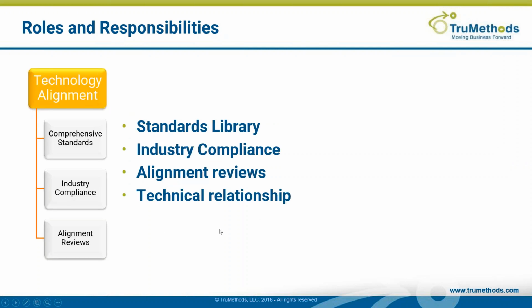Technology alignment. So we reviewed this in detail, right? This idea of building a standards library that includes your standards as well as some industry compliance guidelines, regularly doing the alignment reviews, and really creating that technical relationship with the customer. We still want to have a technical relationship.